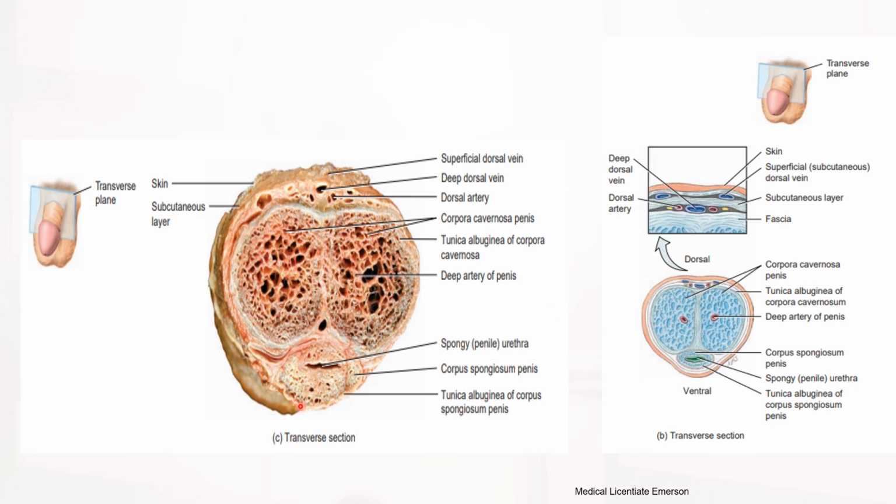Otherwise, this is a transverse section of the penis. On top of the erectile tissues, you have the dorsal artery, the dorsal vein, and the superficial or subcutaneous dorsal veins as well.